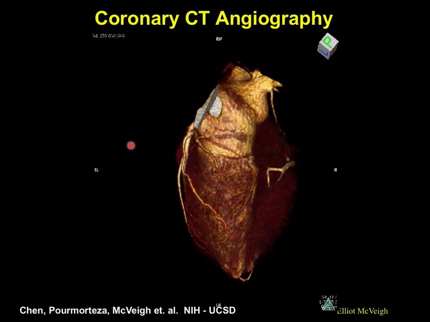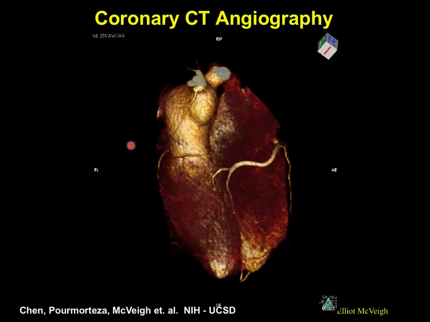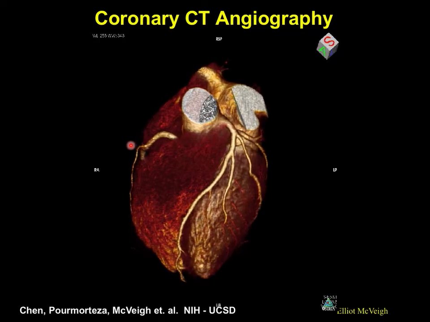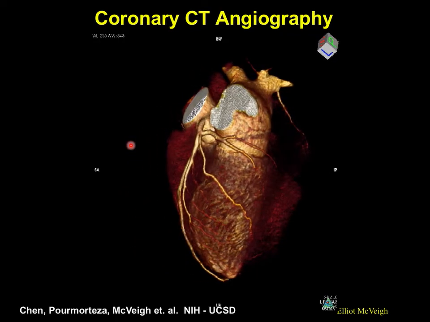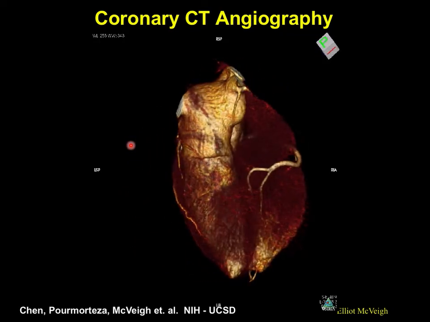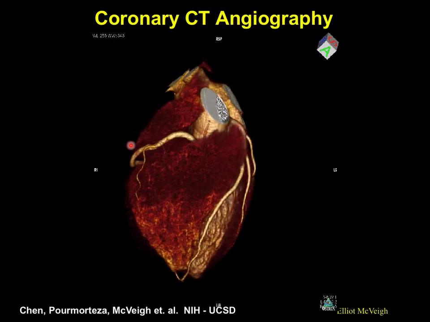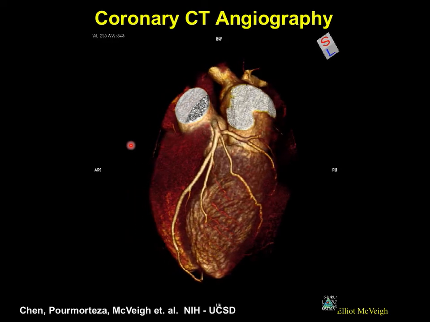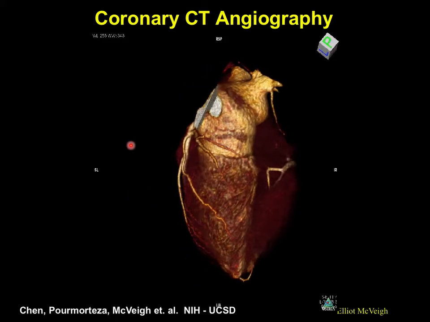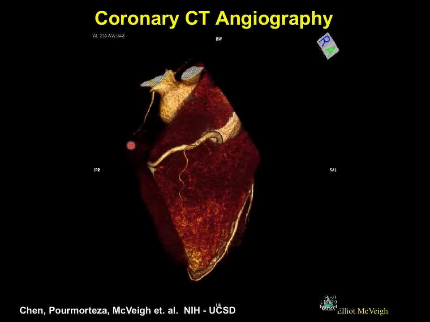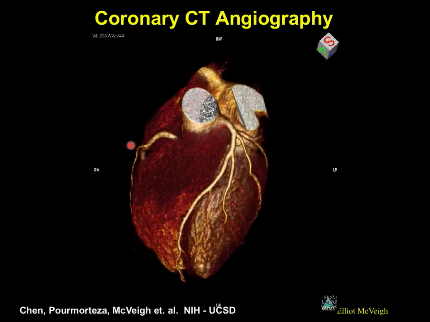Yeah? When it comes to being left and right dominant for blood vessels, is one more predominant than the other? I think it's about 50-50 whether or not people are left dominant and right dominant. And it obviously makes a difference, for your care, depending on where a lesion is, whether or not they should fix it. If it's on a dominant side, you probably should fix it because it's going to perfuse the whole back of the heart.